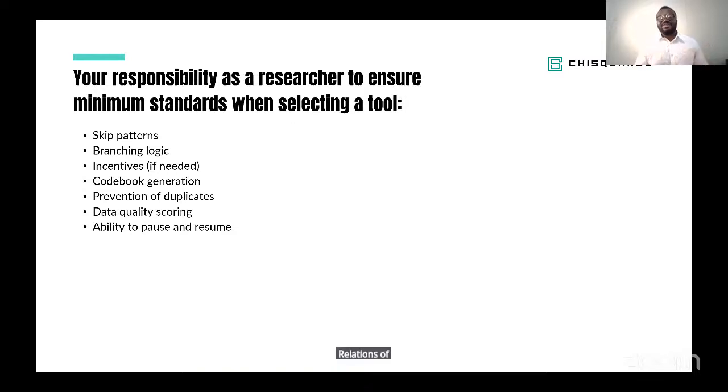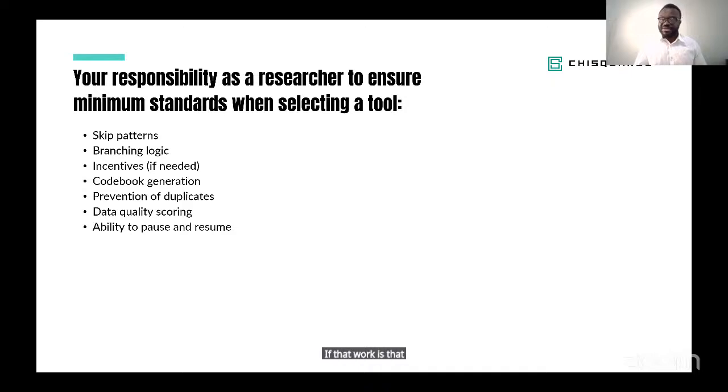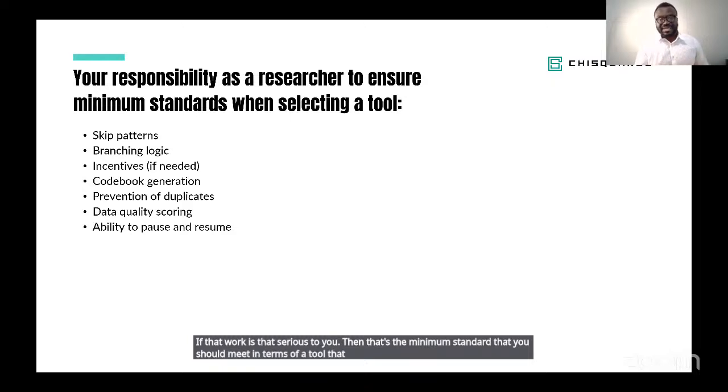Again, it just boils down to having some degree of seriousness about your work. If that work is that serious to you, then there are minimum standards that you should meet in terms of the tool that you're using to collect data to minimize the risk of poor quality data. There should be a way for you to assess the quality of each participant's response.